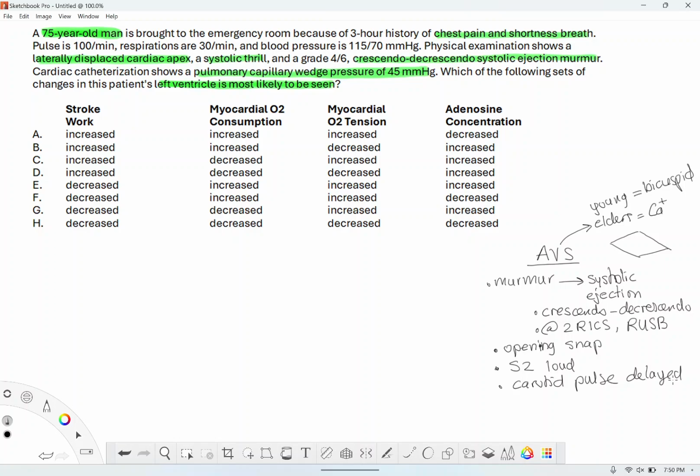So the pulse would be delayed and or weak. You can say delayed or weak, one and the same thing depending on which term is used. And this murmur radiates to the neck.